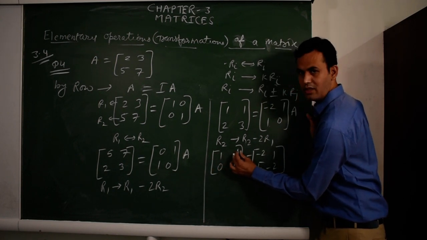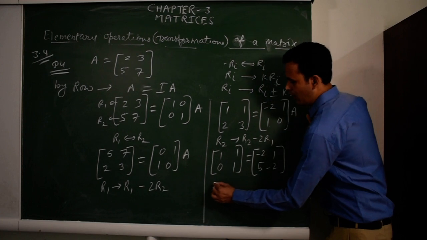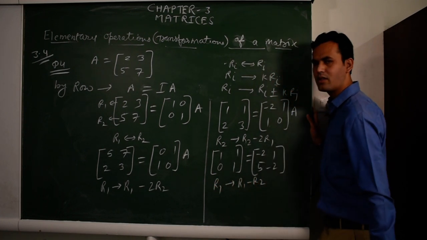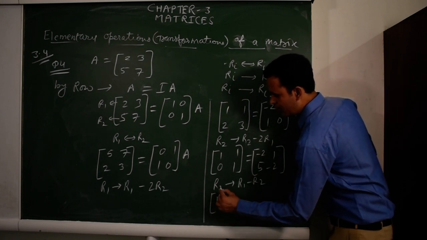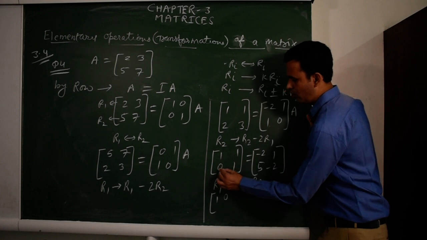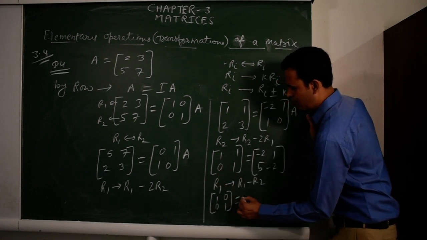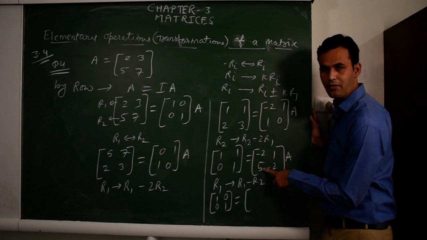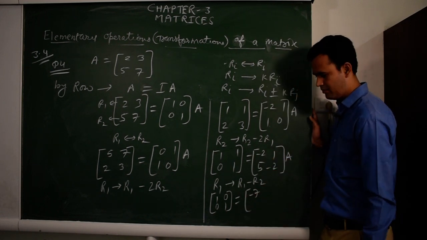Now we change this term to 0. So R1 changes to R1 minus R2. So 1 minus 0 is 1, and 0 and 1 on the RHS: 1 minus minus plus 2, it's 3, and minus 2 minus 5, it's minus 7.